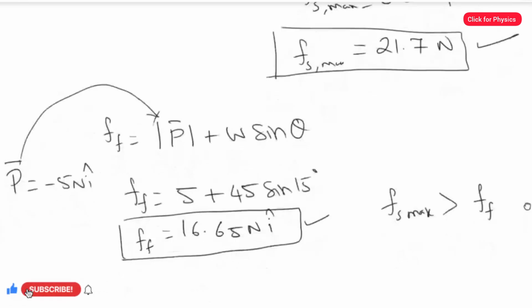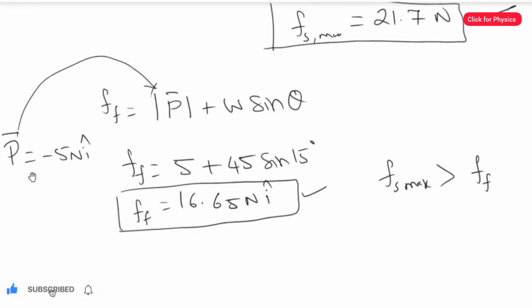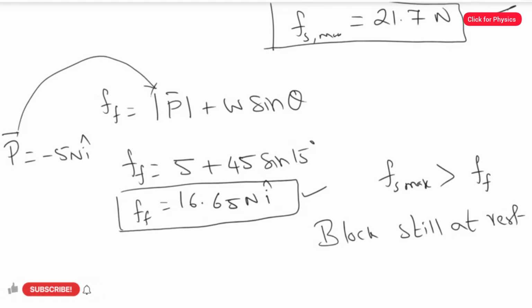So after applying the force of minus 5 Newton I cap, the block is still not reaching the maximum static value, which is not exceeded. So we write that the block is still at rest. Why? Because we did not exceed the value of the maximum static friction.